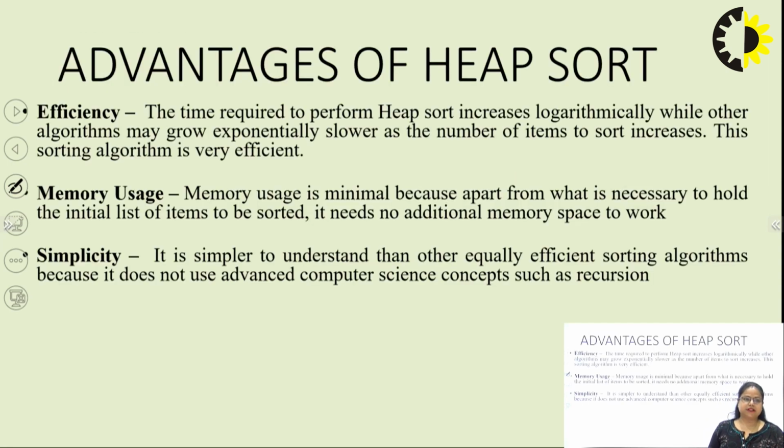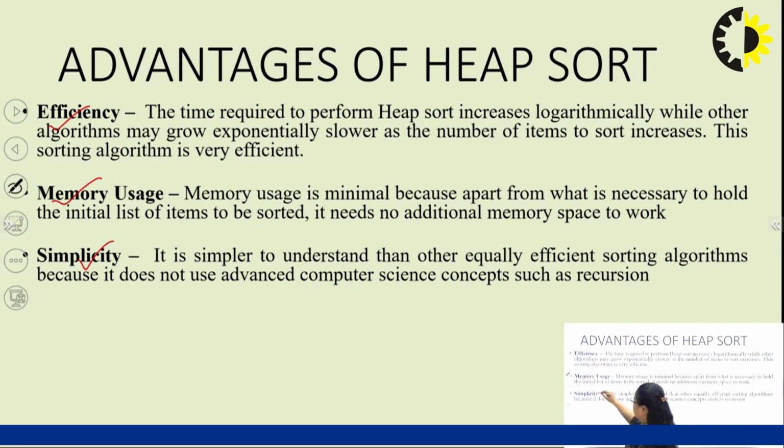Now after that, let's talk about certain advantages and disadvantages of heap sort. If I'm talking about the advantages of heap sort, there are three main advantages, that is efficiency, memory usage and simplicity. If I'm talking about the efficiency, the time required to perform the heap sort increases on a log basis, right?